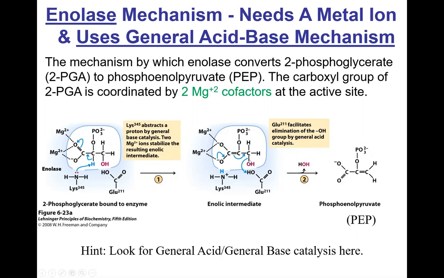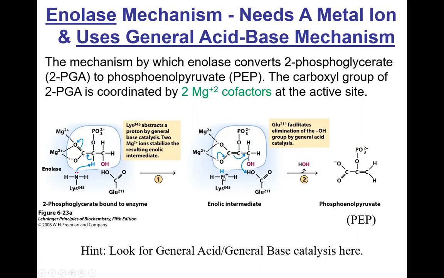But a hydroxyl group, if it was not assisted by a general acid, will be a terrible leaving group and will never leave. But if it is assisted by a general acid, such as here, glutamate 211, which is now existing in the protonated form, then the hydroxyl group can leave and you form water and you basically form the product phosphoenolpyruvate. Beautiful catalysis.